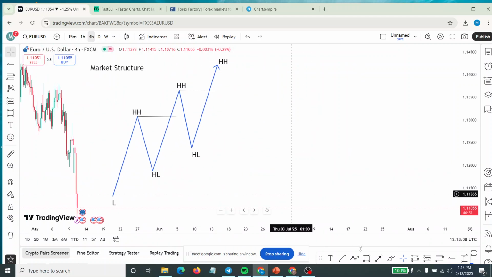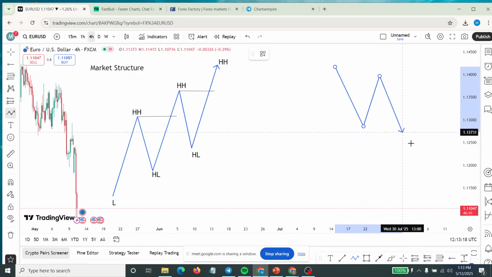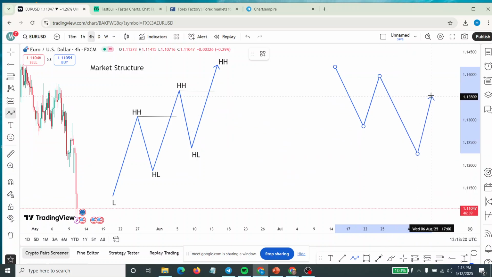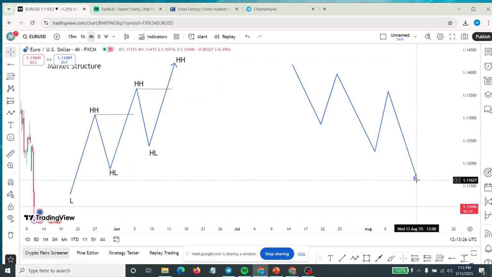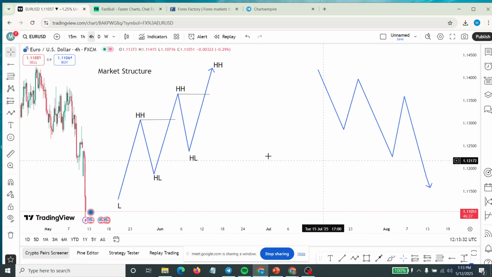This is our bullish market structure, right? And this is our bearish market structure.